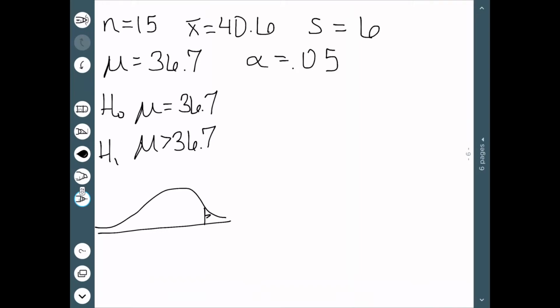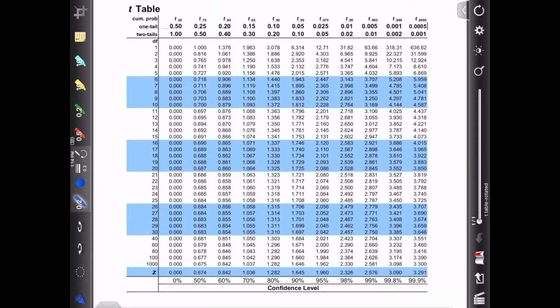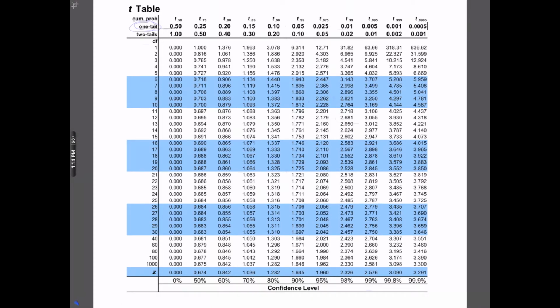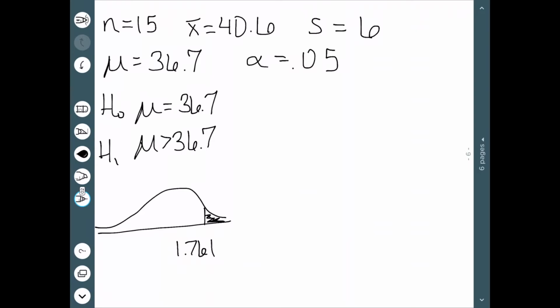We need to find our critical value. Since we had a sample size of 15, our degrees of freedom will be 14. Looking at my table, this is a one-tailed test. I said alpha was 0.05, and we have 14 degrees of freedom. So we go down to the 14 to get 1.761. So now we have our critical value. We need to know our test value.